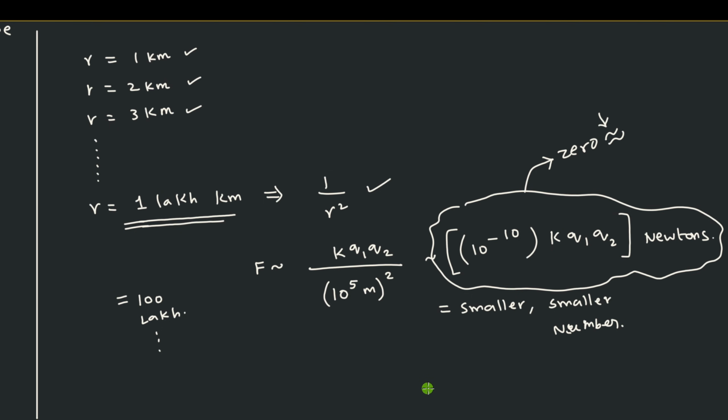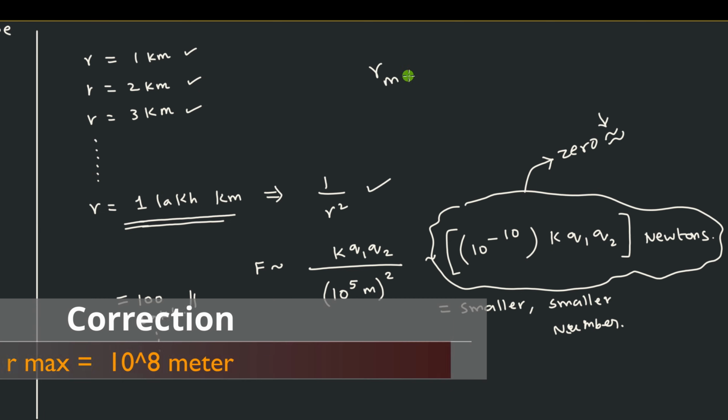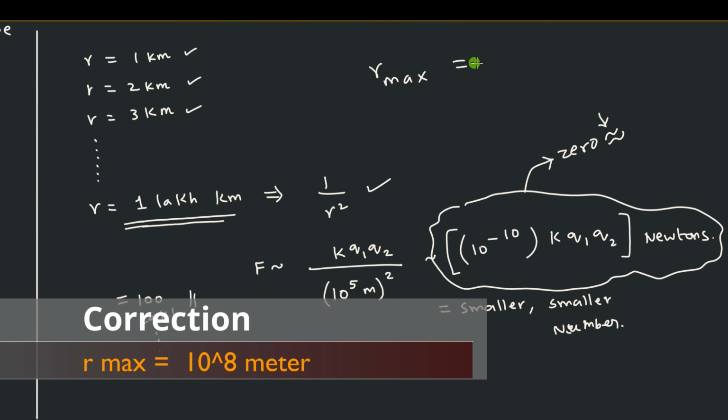If it is the case, you can't do further experiment with 1 lakh kilometer and so on. That means you have reached the maximum possible distance, namely 10 to the power of 5 meter. And the conclusion of the experiment is that the Coulomb's law is valid.